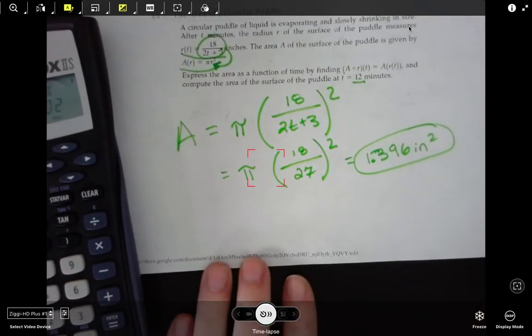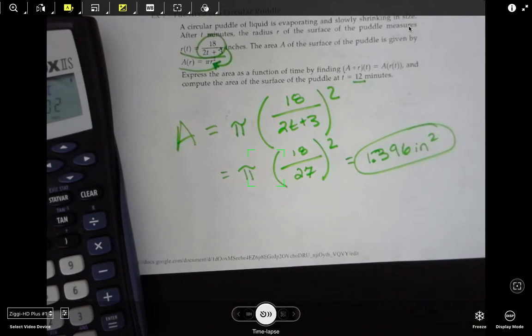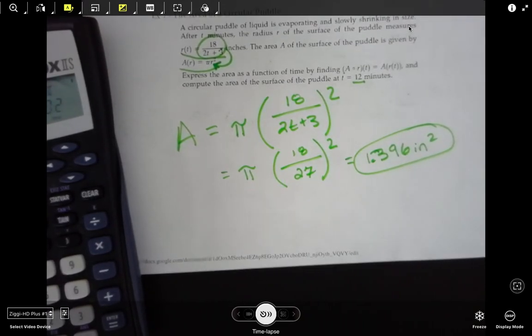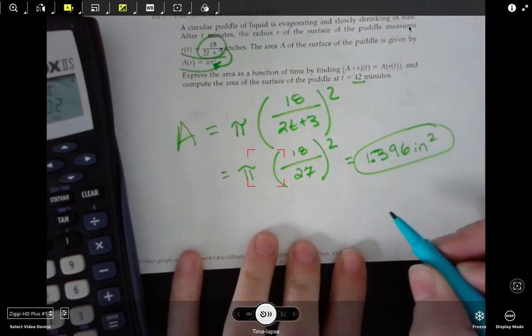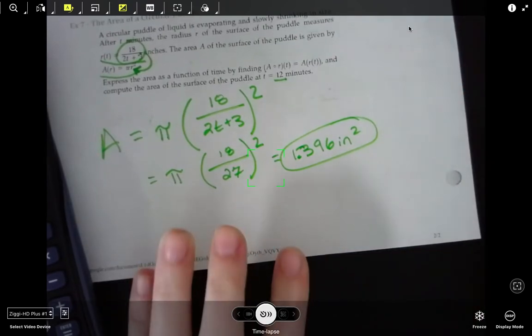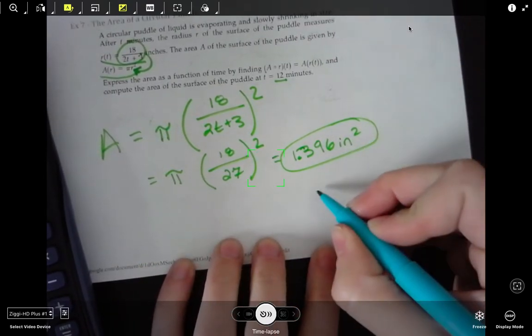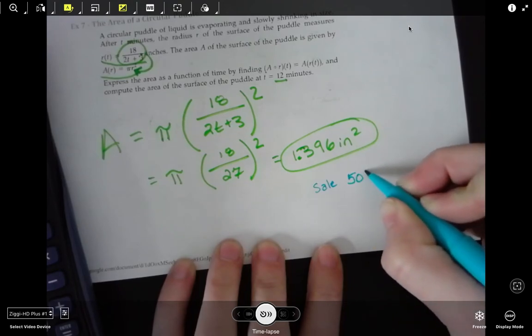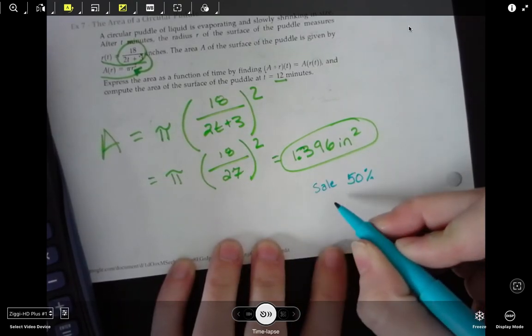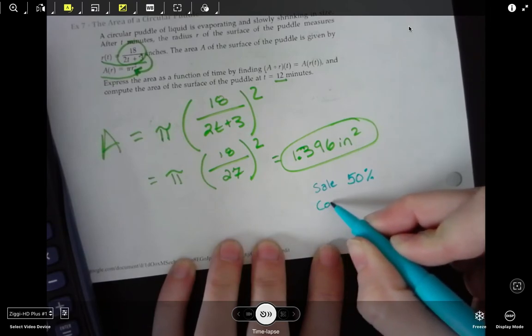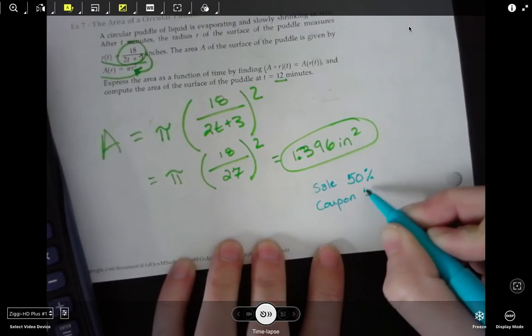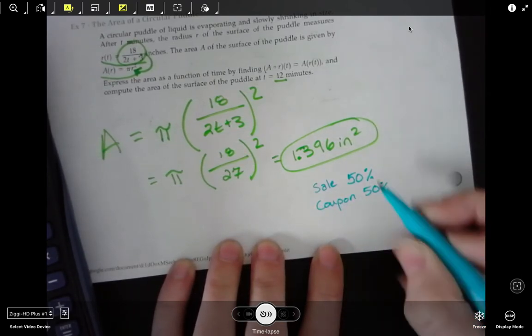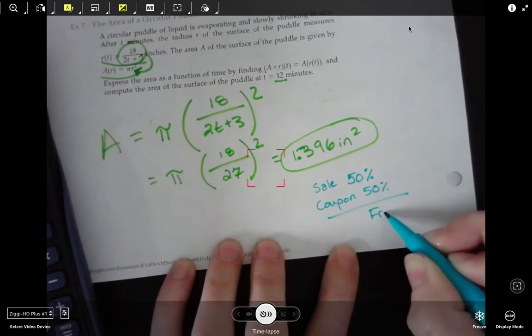Now, one of the other applications of composite functions is like when you go into a store. It drives me crazy that there are some customers out there that think that if I go in and there is an item that's on sale for 50% off, and I have a coupon for another 50% off, it's free.